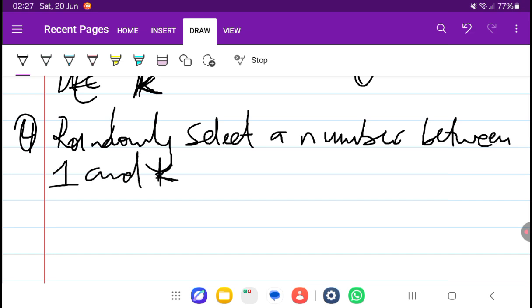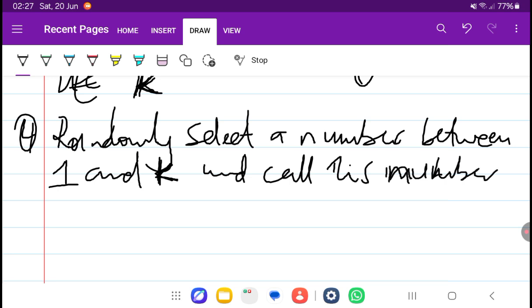That k we have computed in step 3, and let's say we call this number, maybe x.